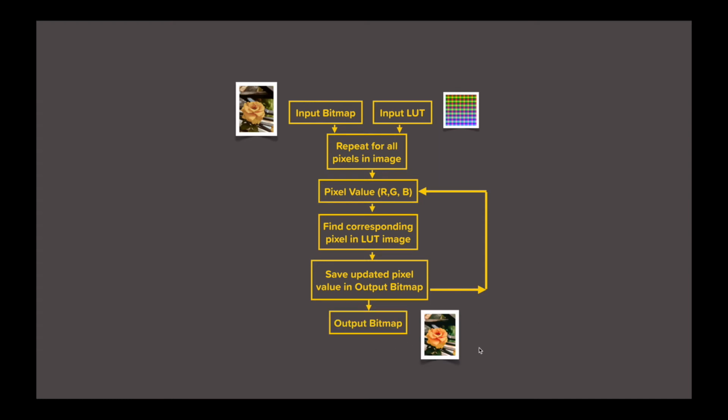This is the gist of the algorithm that our custom script needs to implement. The rest of the things seem pretty straightforward. This is the iteration, but this step, finding the corresponding pixel in the LUT image, is a bit complicated.